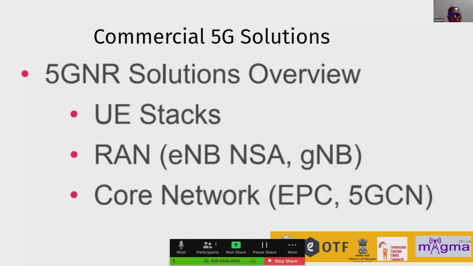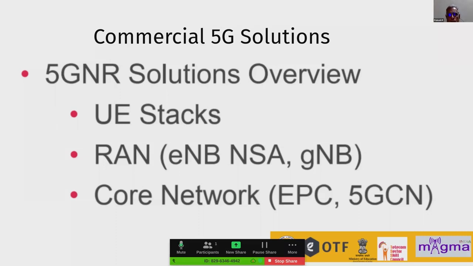So it could be an eNB with non-standalone architecture, to be able to use the existing 4G, working with eNB and gNB. eNB and gNB are nothing but the base station transceivers, which you can call 4G to 5G migration radio, and because of the different frequencies and all, we'll see that.